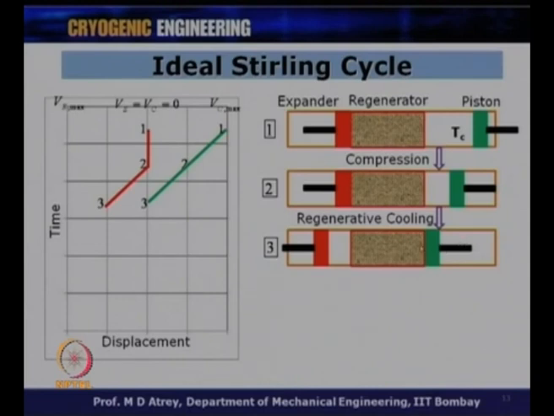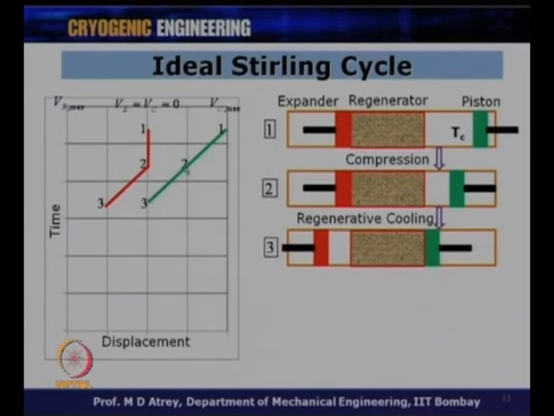The compressor piston moved forward up to the top dead center, while the expander piston has started moving back, so that this process becomes a process at constant volume. That is why you can see that the volume between these two always remains constant during this process.